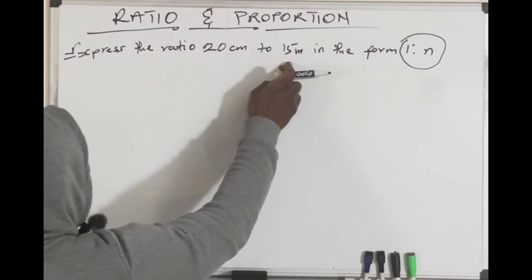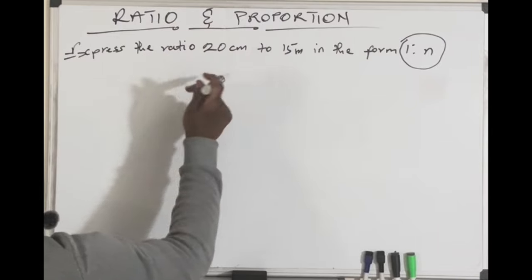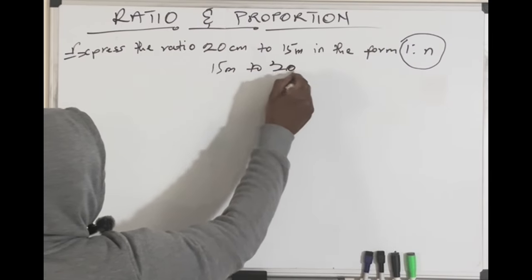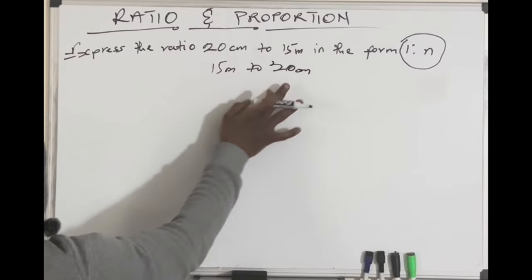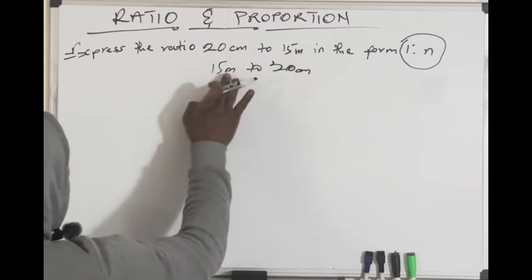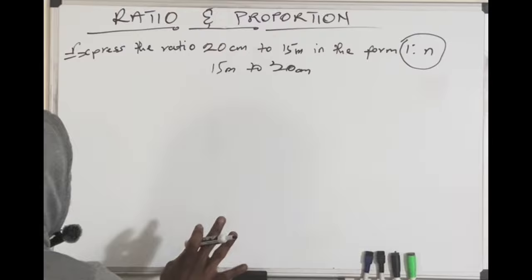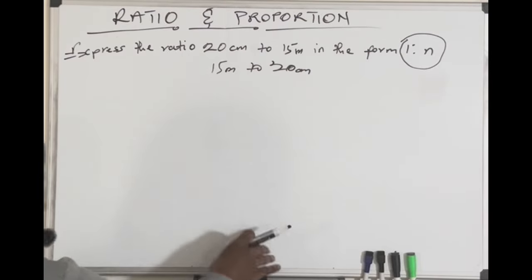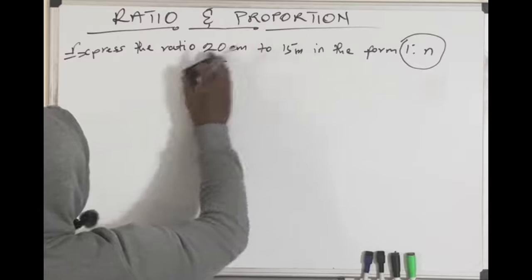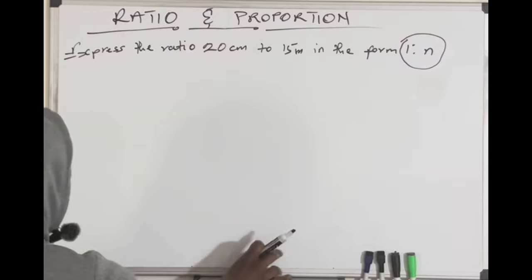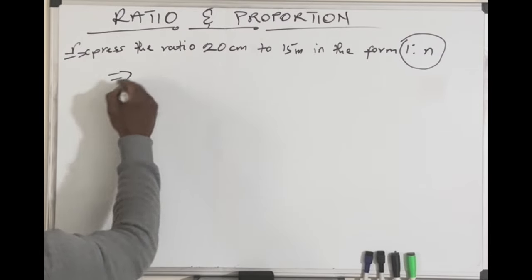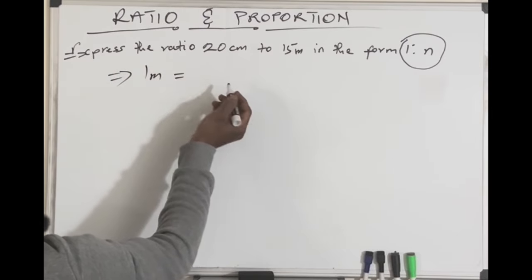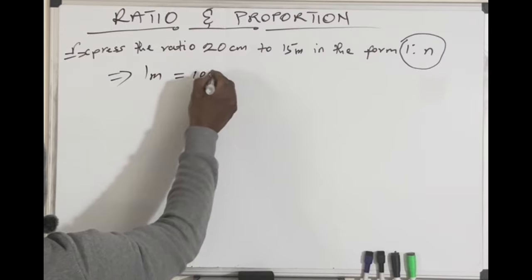But if it was to be the other way around, like 15 meters to 20 centimeters, then we would have changed centimeters to what? Meters. I hope it's very clear. We always have to make sure the second one is changed to the first. Okay. All right. So first of all, let's change. We know that 1 meter is equal to how many centimeters? 100, right?